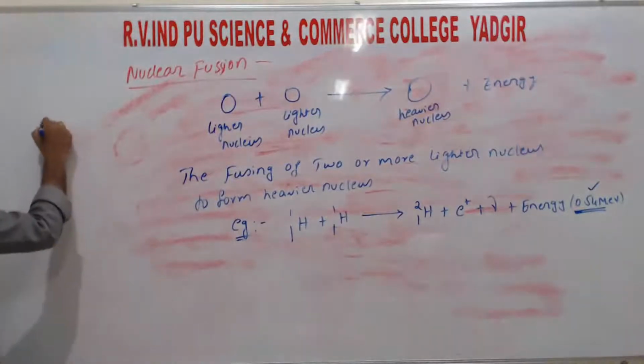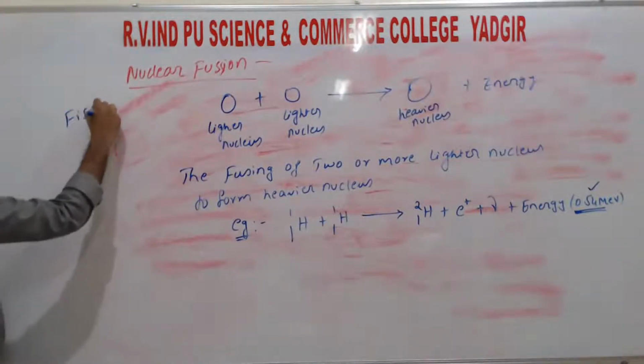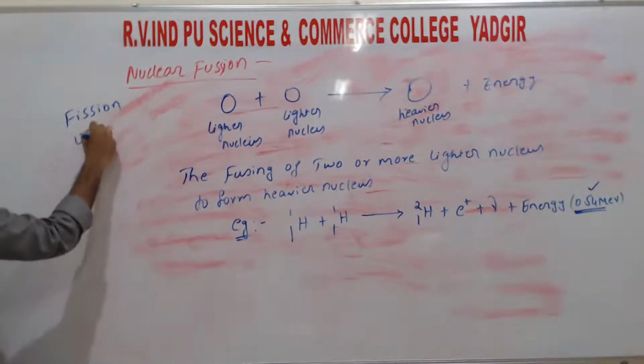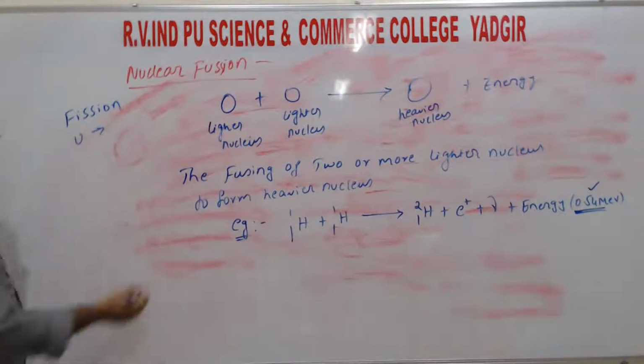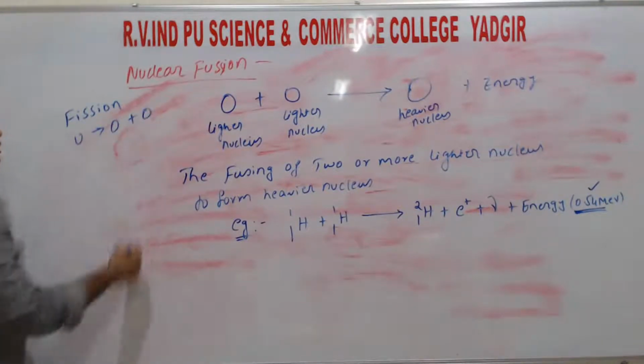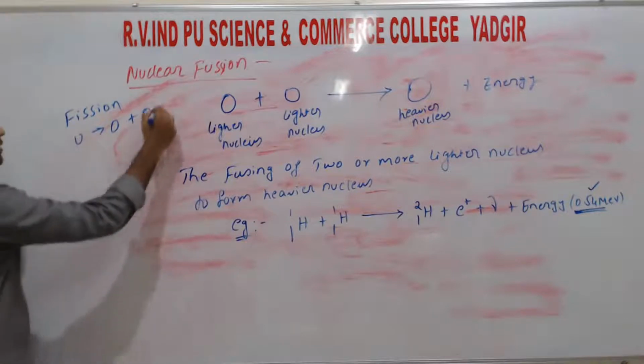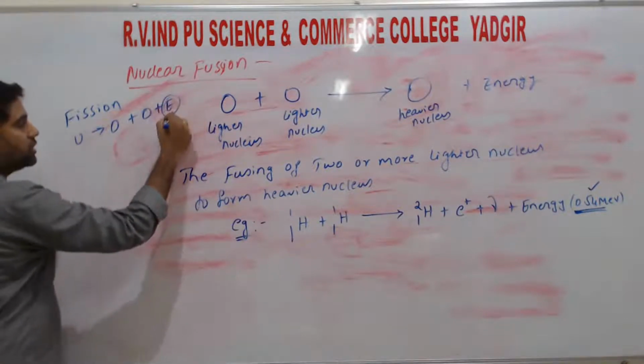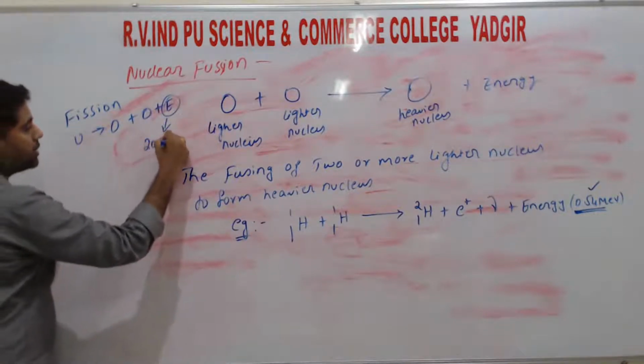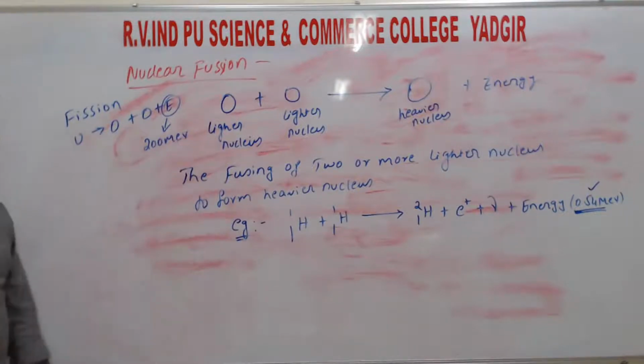In the previous topic, fission, the splitting of uranium into its constituent nuclei, energy is released. As we calculated, this energy is 200 mega electron volt.